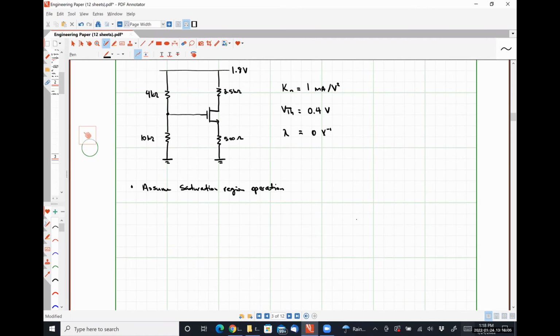In which case we know that VGS is equal to VTH minus 1 over Kn Rs plus the square root of 1 over Kn Rs quantity squared plus 2 over Kn Rs times VDD R2 over R1 plus R2 minus VTH.